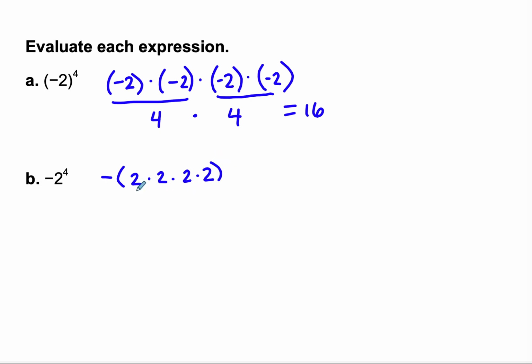Okay, well, 2 times 2 times 2 times 2 is 16. I just figured that out up here, so I won't write all that work. And then I've got the negative in the front. So for my first one, that had a value of +16. My second one had a value of -16.